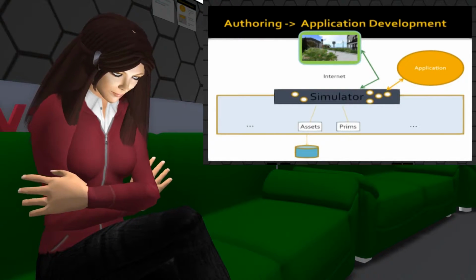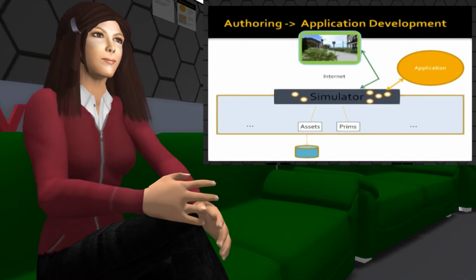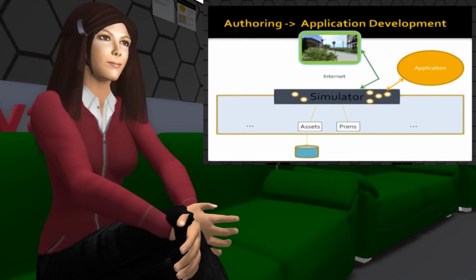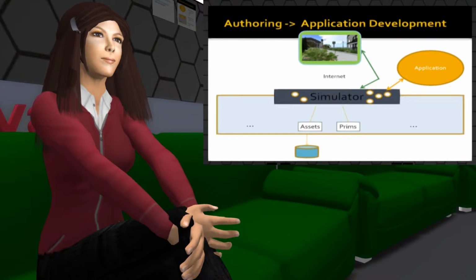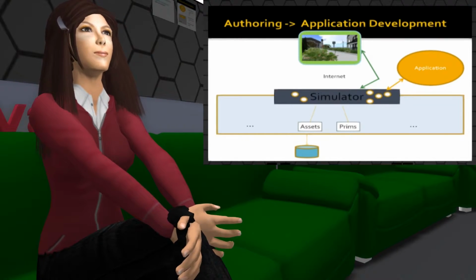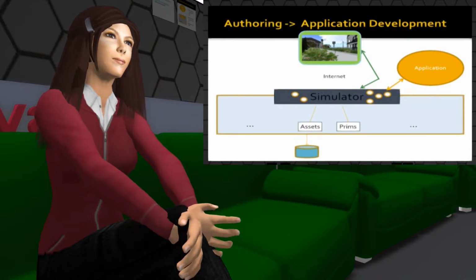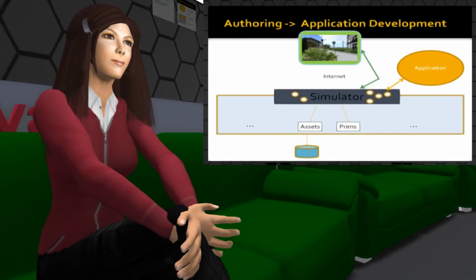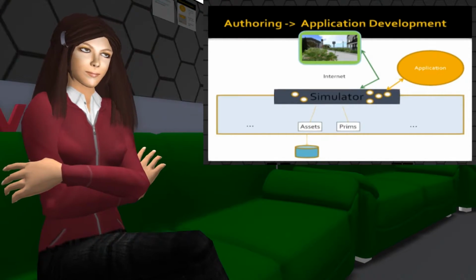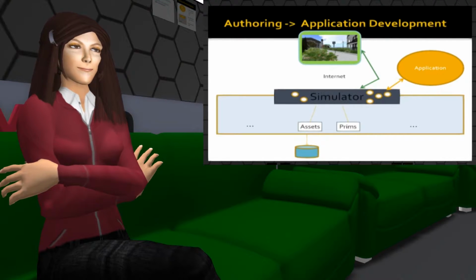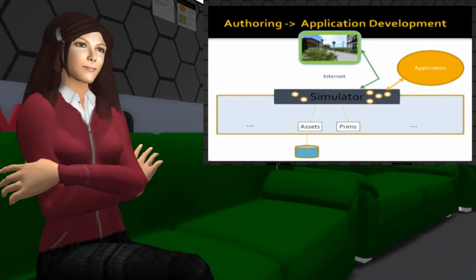And this control is done programmatically and externally by a script. That's the idea. So in this slide, you have this orange application bubble on the right. That's really a script that lives elsewhere, and that commands what is going on in the scene, what kinds of objects are there, how they move, how they look, etc. So that's the idea.